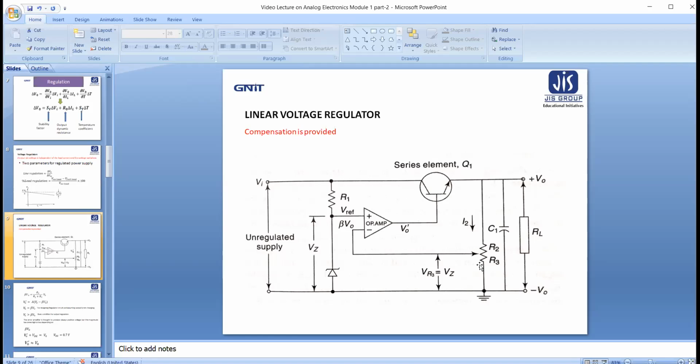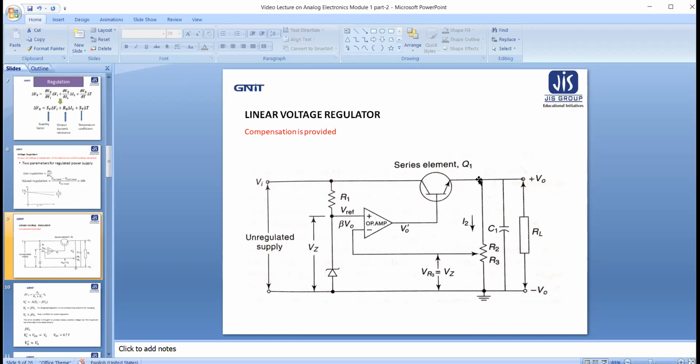Now, in order to regulate the voltage, we have designed some extra circuit, which I will discuss. If we look at the output section, across the load resistance there is a capacitor in parallel. What is the function of the capacitor? The function of the capacitor is to minimize any transients from the regulator, because the regulator is constantly connected to the mains, and the mains has many noises that we cannot predict. So if any noise or fluctuation occurs, this capacitor will minimize it.